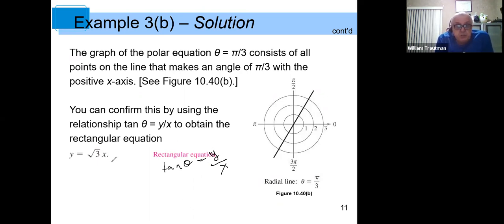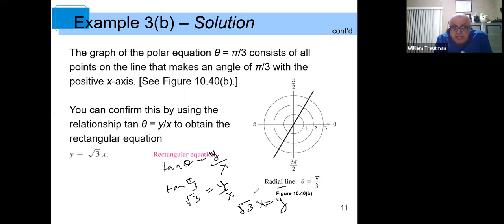Tangent of theta equals y over x. And we know theta is pi over 3. And we already said the tangent of pi over 3 is the square root of 3. See, now we have x's and y's. If we just take the x to the other side by multiplying both sides by x, we end up with square root of 3 times x equals y.